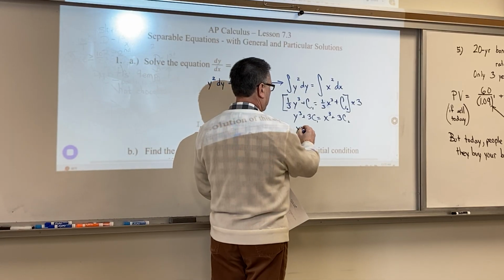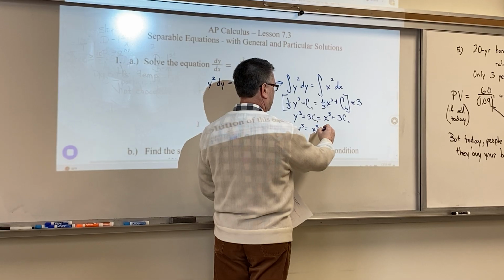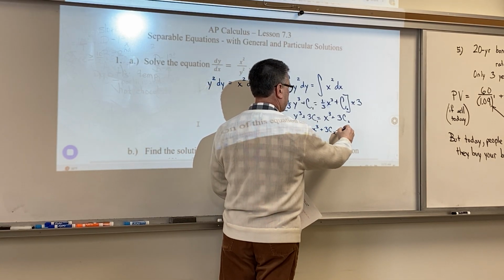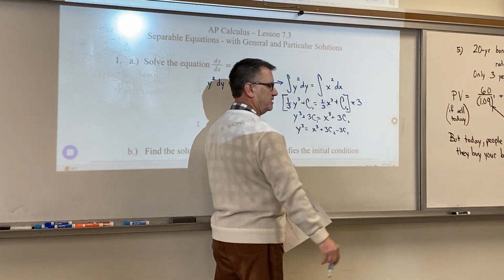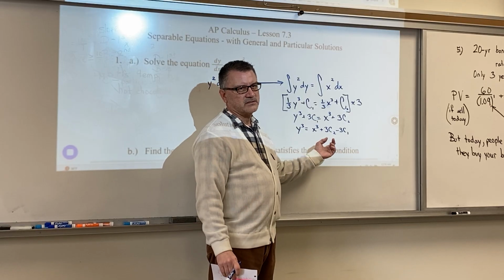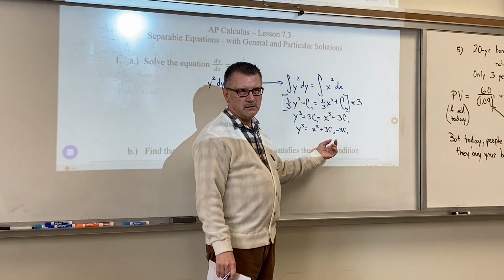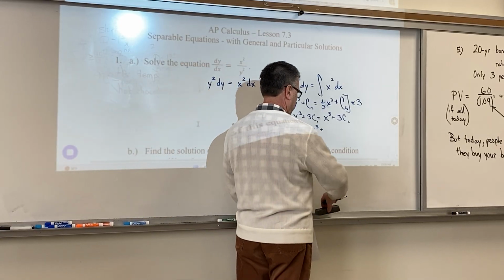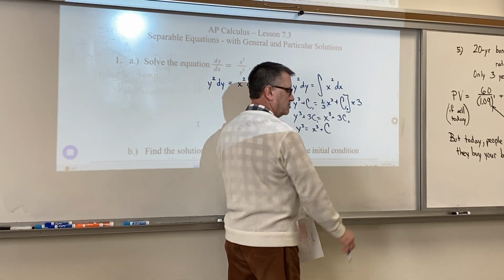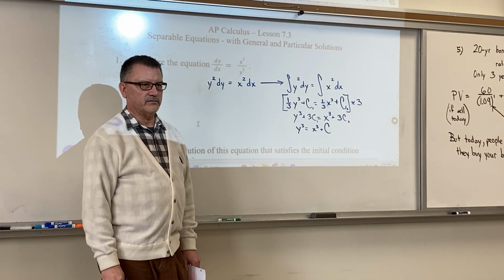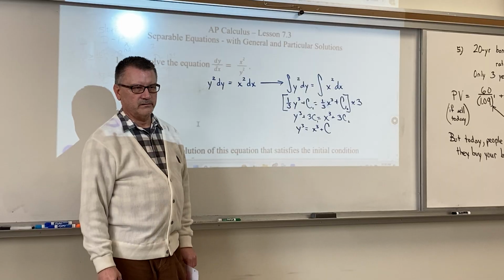Then I have y cubed equals x cubed plus 3c2 minus 3c1. You know what I'm going to do? This is some constant minus some constant. Isn't that just going to be a constant? Yeah. Can I just call that just this? Maybe one's 5 and one is 7. I put them together, I still get a constant.